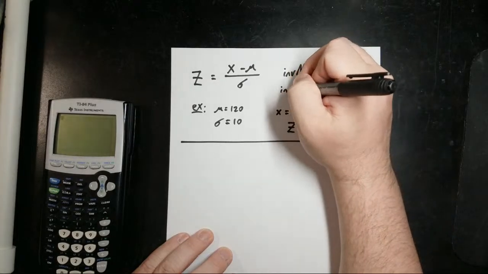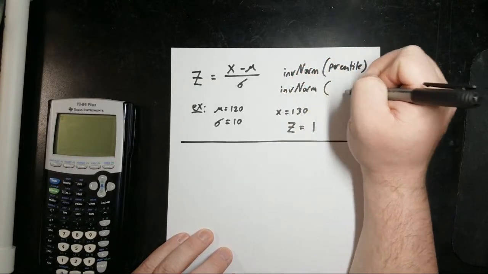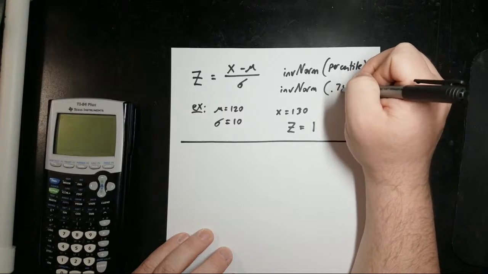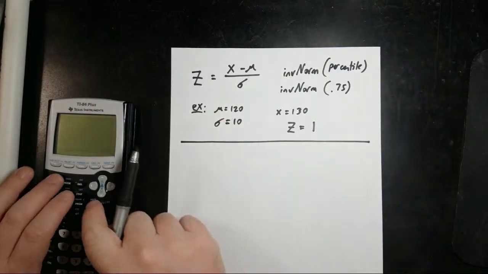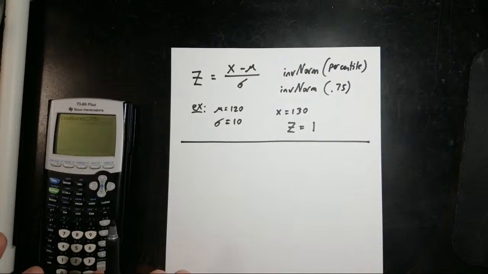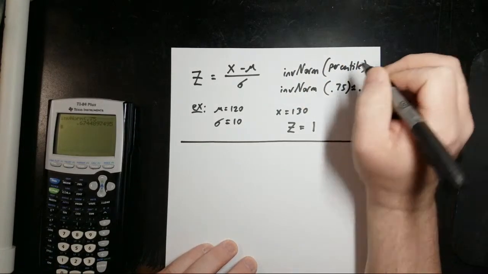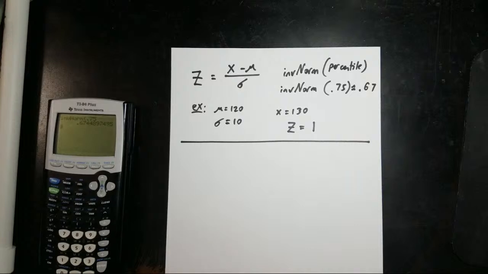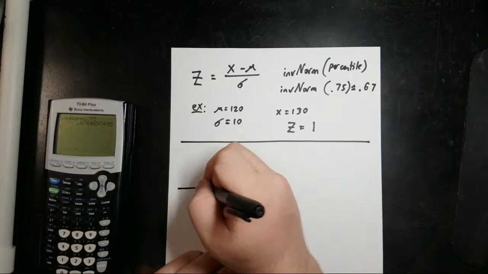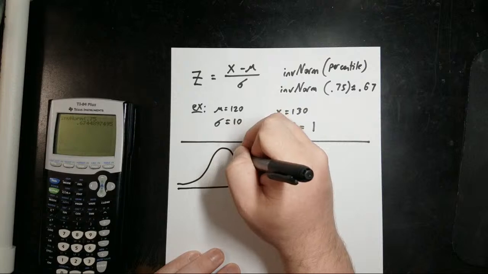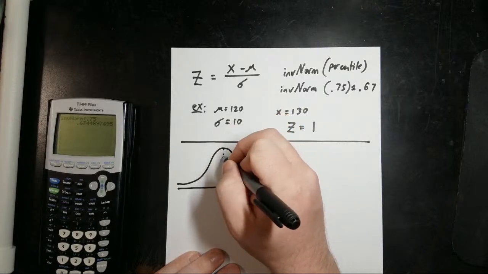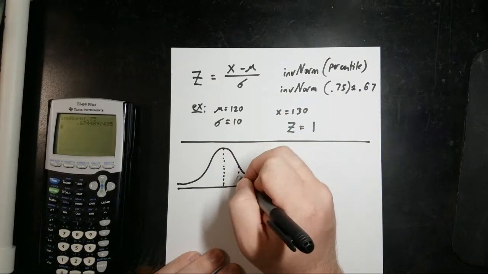So for example, inverse norm of 0.75, just see what it does, gets you approximately 0.67, which would be the Z-score at the 75th percentile. Remember the concept of the normal curve.